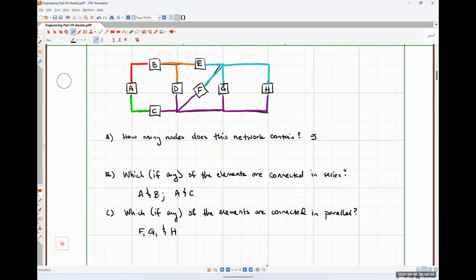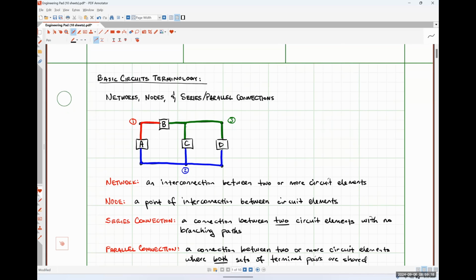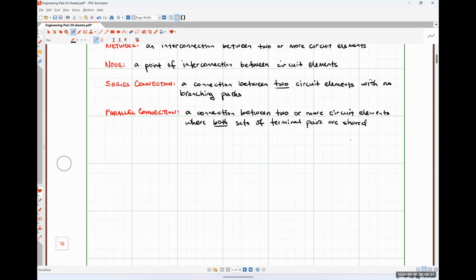There we go. All right, so let's circle back around to that network that we were looking at originally. And I am going to get rid of some of these colors. Actually, no, I won't do that. We'll just continue on this page, sorry.